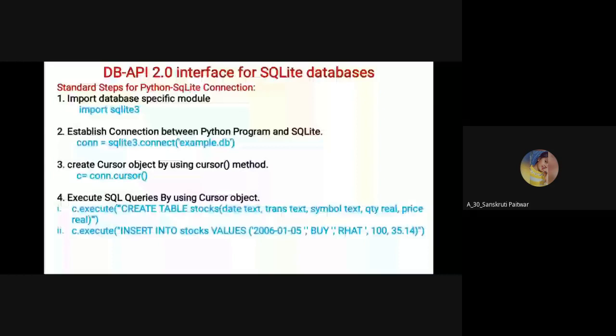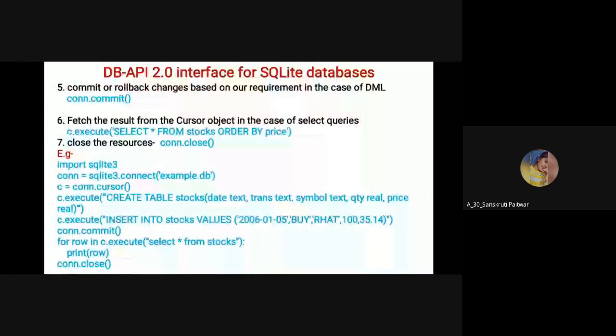Okay, then fifth step. After insert and create, we can commit whatever changes we made on that table. So commit or rollback we can fire here, on the connection object. You can see con.commit, and it will save whatever changes we made.